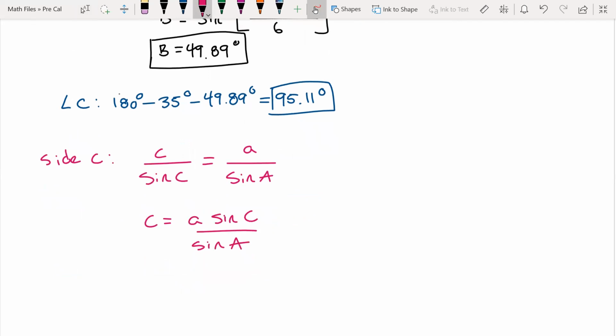So this means that C is going to be 6 times the sine of 95.11 over the sine of 35.